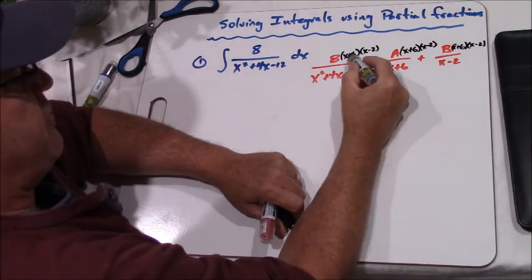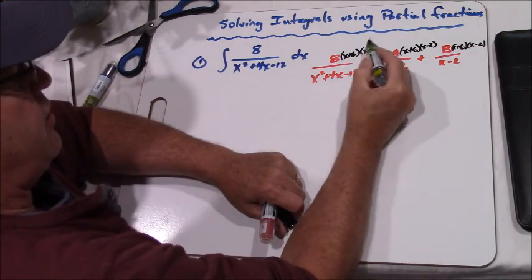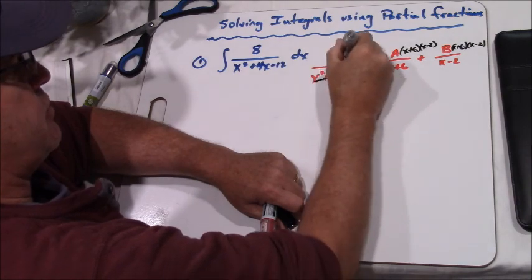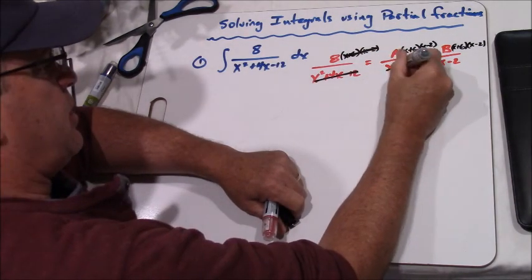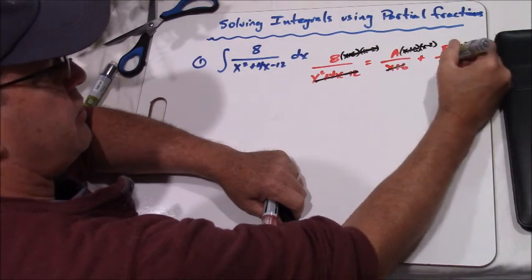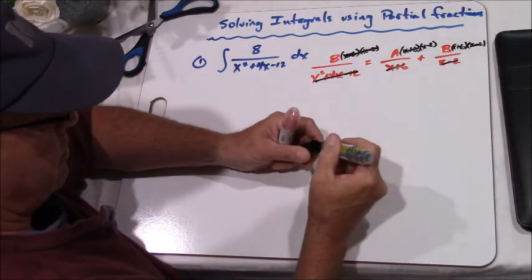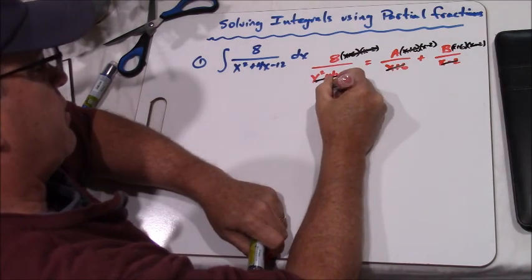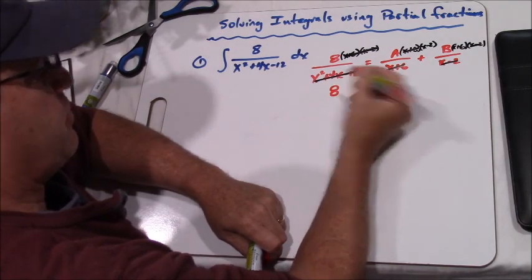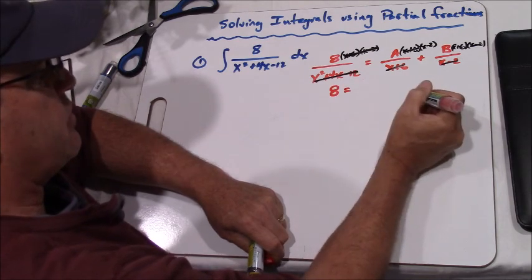So I know that if I multiply these two right here, I'm going to get this expression, so all of that cancels. And I know the x plus 6's will cancel here, and the x minus 2's will cancel here. So now what I have is an equation that looks like this.